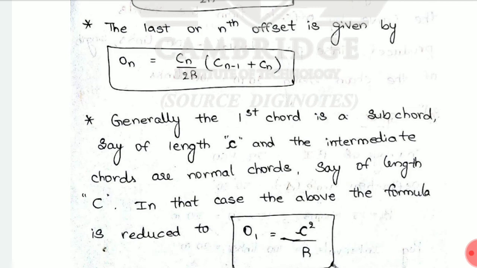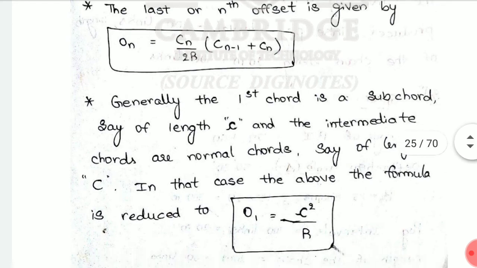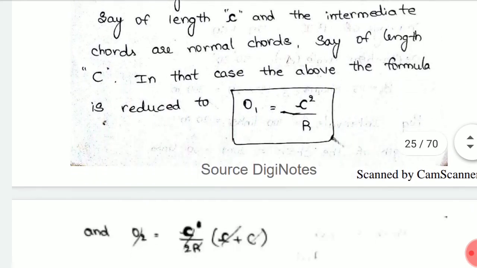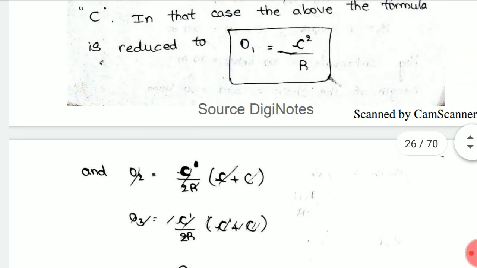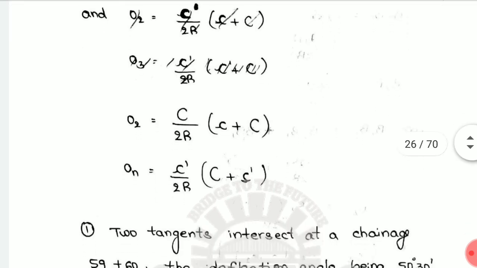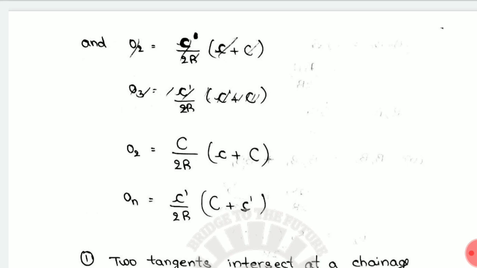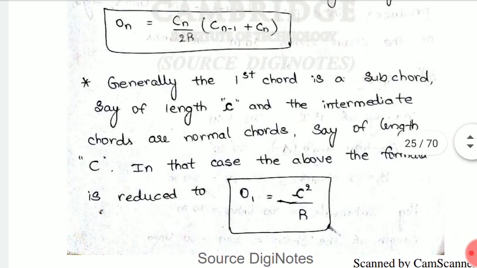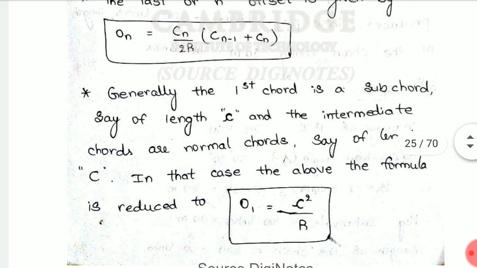The first chord is a subchord, say small c, and the intermediate chords are normal chords of length capital C. In that case O1 is small c square by R, then O2 is capital C by 2R into the bracket small c plus capital C. Small c means the length of the subchord, and capital C means the sum of the previous subchord and the subchord we are considering here. So I have generalized the equation, capital C by 2R into small c plus capital C, to get the offsets. This is the deflection distance method.